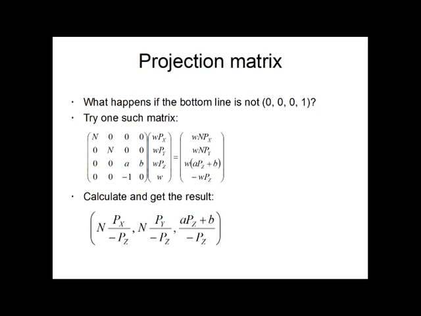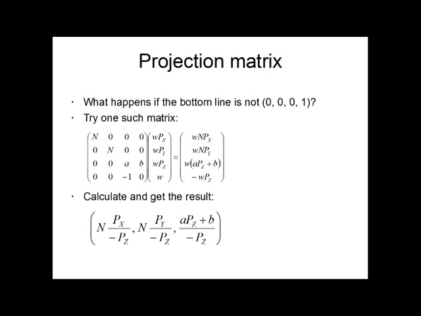But the interesting thing is, now we can actually work with different bottom lines than only 0, 0, 0, 1. Like in this case, if we set up the bottom line 0, 0, minus 1, 0, we can actually see that we're going to end up with minus pz in the fourth coordinate of the homogeneous coordinates, which gives us in the end a division by minus pz, which is actually what we were looking for.